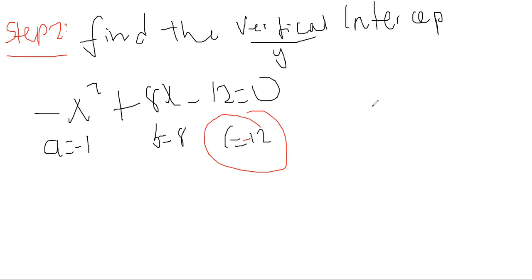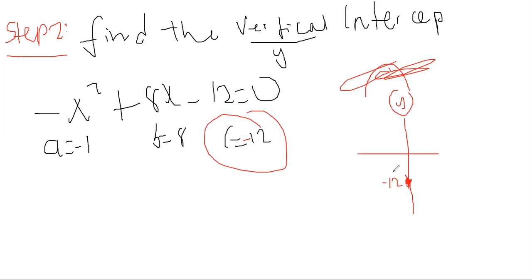Now we know that this should look like this. And we know that the y-intercept, the graph should cut here at minus 12. So if you forget about this one, here at minus 12, the graph will cut the y-intercept.